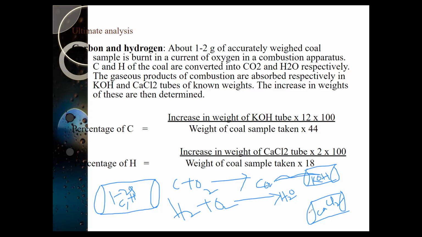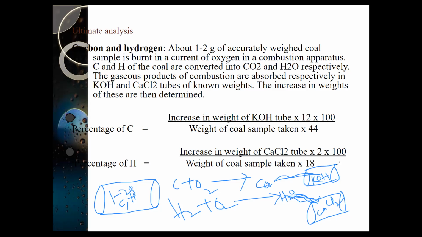Whereas the calcium chloride absorbs all the water vapor released in the combustion chamber. Initially the potassium hydroxide tube or bulb weight was less because it had not absorbed carbon dioxide. But after absorbing the carbon dioxide, the potassium hydroxide bulb weight is increased.